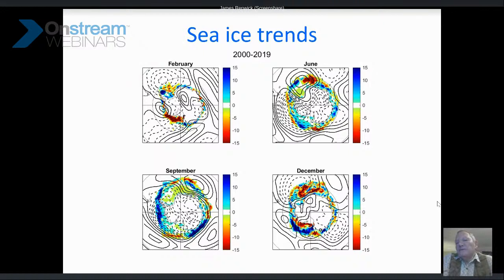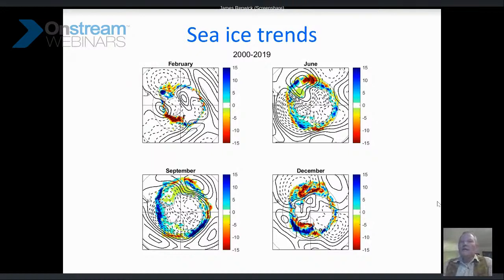So it gets complicated, but generally speaking, that has contributed to an increase in the sea ice near the peninsula and a decrease in the sea ice further west. So again, it's not a perfect story, but you can marry up changes in the circulation with changes in the sea ice, even on this sort of 20-year timescale.